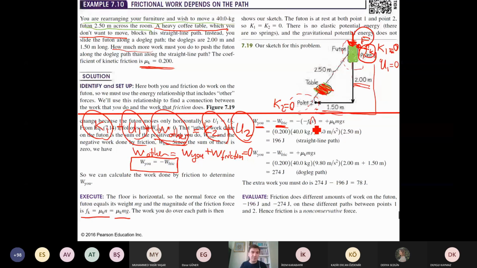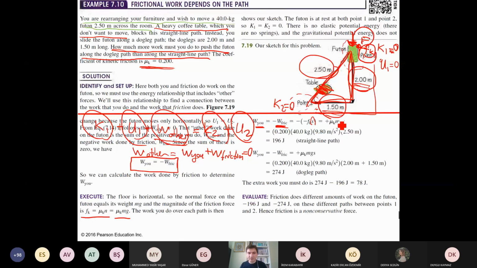So what was the question? How much more work must you do to push the futon along the dogleg path than along the straight line path? You can move this futon in this direction, and the displacement is 2.5 meters, or you can move this futon in the dogleg path. Now you have more displacement, so instead of S, you will put different numbers.